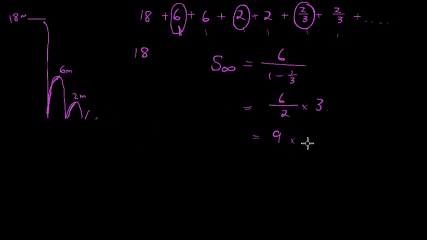But now I multiply it by 2 because he still has to come down. So the distance he goes up and down would be 18, and the original distance was 18 as well. So this is 18 plus 18, which is 36 meters.